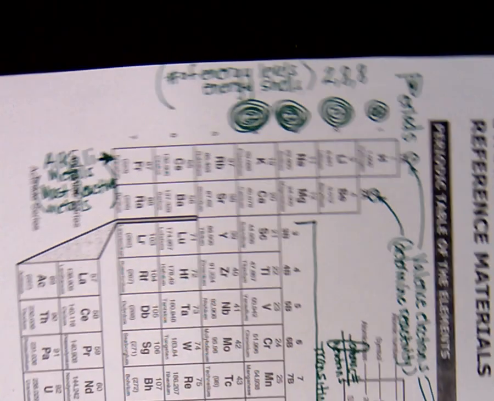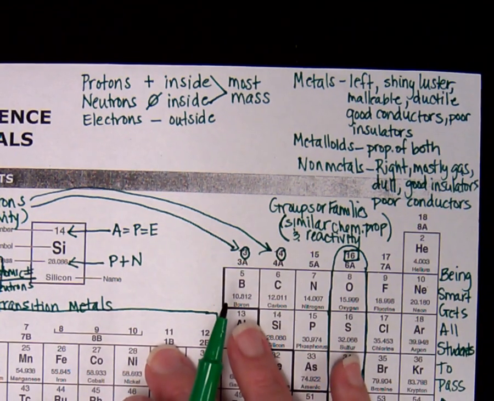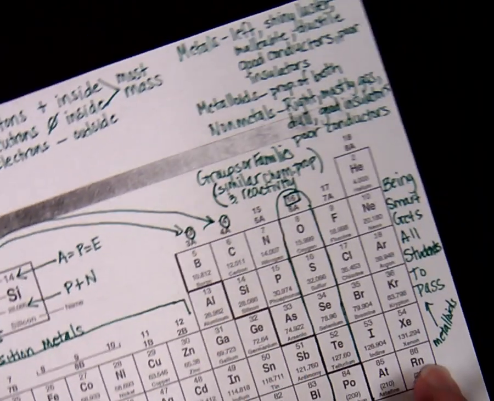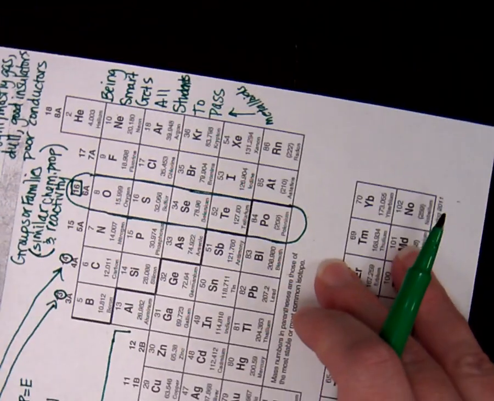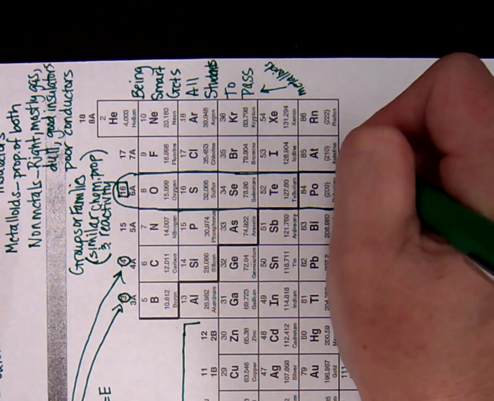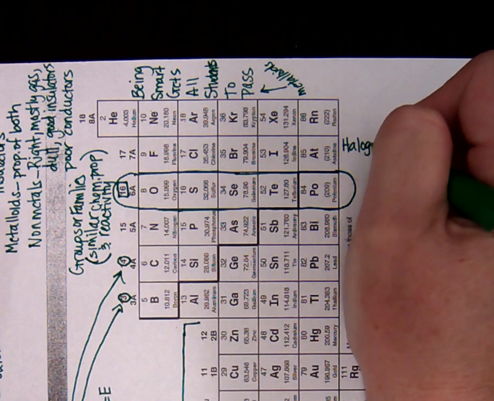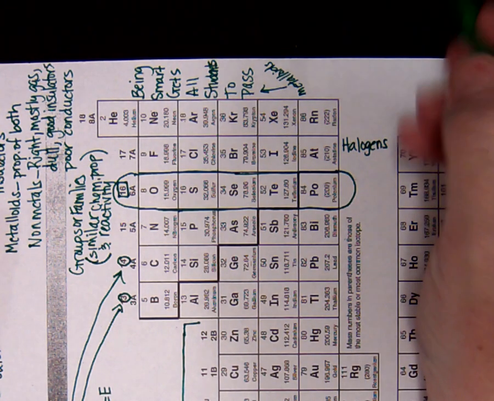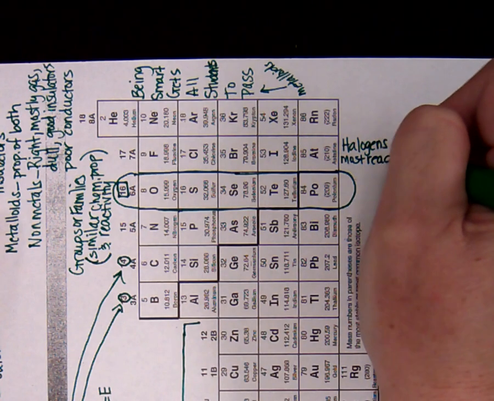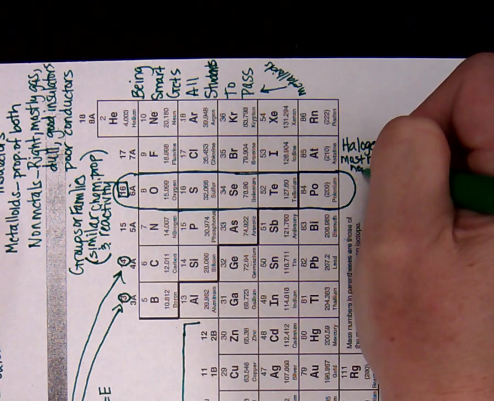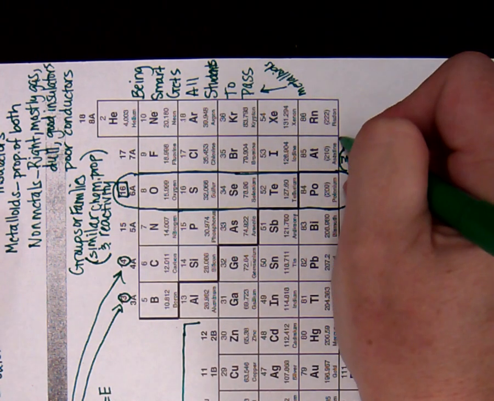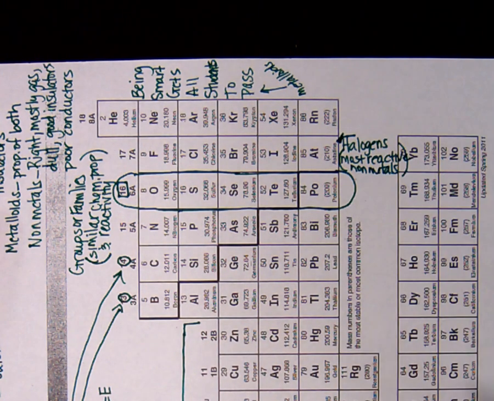Now we're going to go to our halogens, which are group 17. So we're going to turn it again, go to group 17 and write halogens. And these are our most reactive nonmetals. So most reactive nonmetals are our group 17.